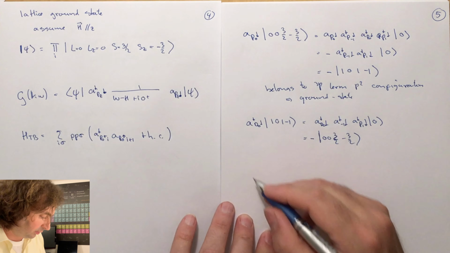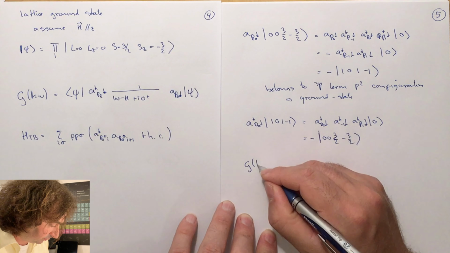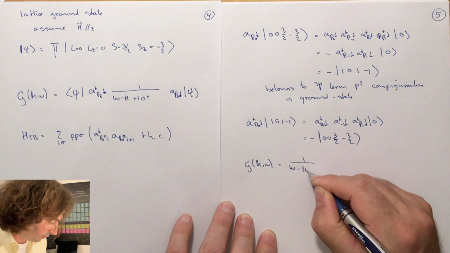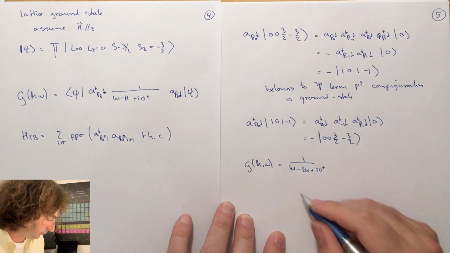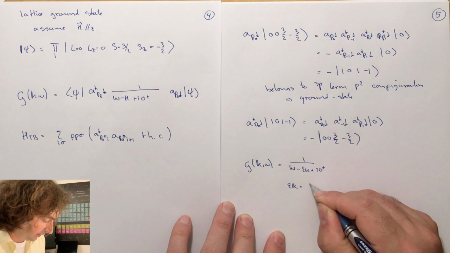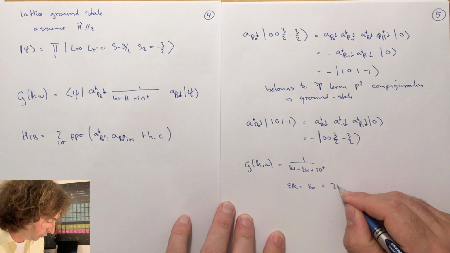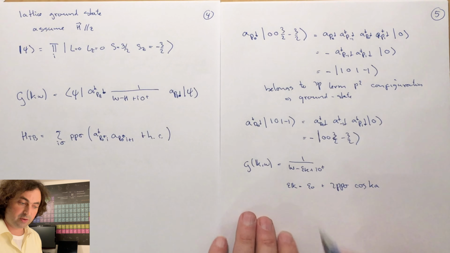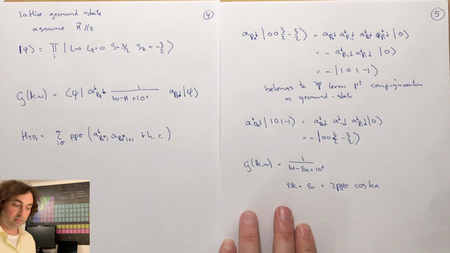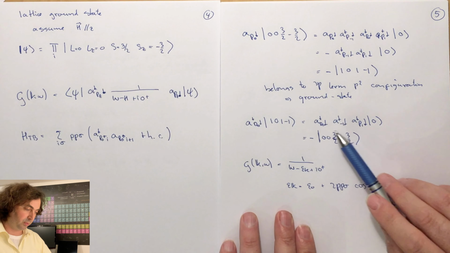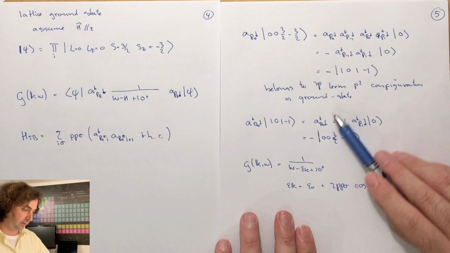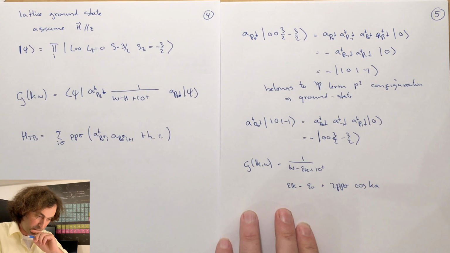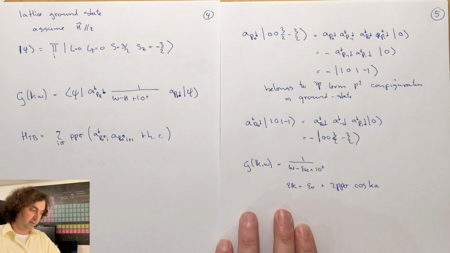So our full Green's function is given as 1 over omega minus epsilon k plus i0 plus, where epsilon k is epsilon 0 plus 2 pp sigma cos Ka, and epsilon 0 is the lattice on-site energy plus the energy difference between the atomic p2, 3P term and the quartet S term that we have for the d3 configuration.